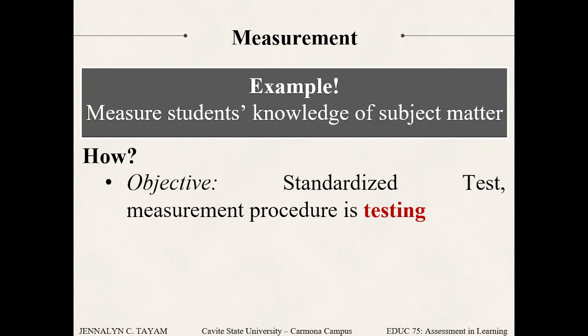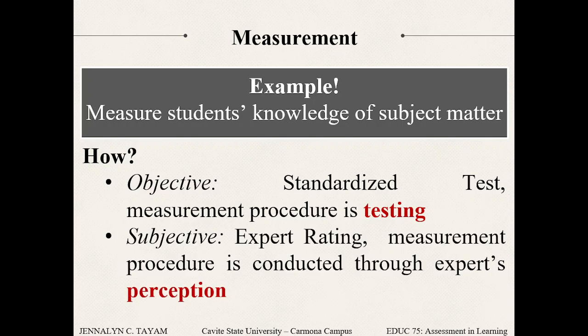We also have another option, which is to measure students' knowledge subjectively through expert rating, in which the measurement procedure is through the expert's perception. These two examples justify the differences of objective and subjective measurement, specifically the can be dependent or independent on the individual taking the measurement dichotomy in the last row.